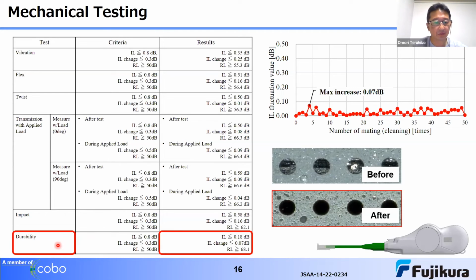When we took a durability test, we used MMC cleaners, and this shows a good result with a maximum increase of 0.07 decibel. So the MMC cleaner cleans the interface of MMC connectors.